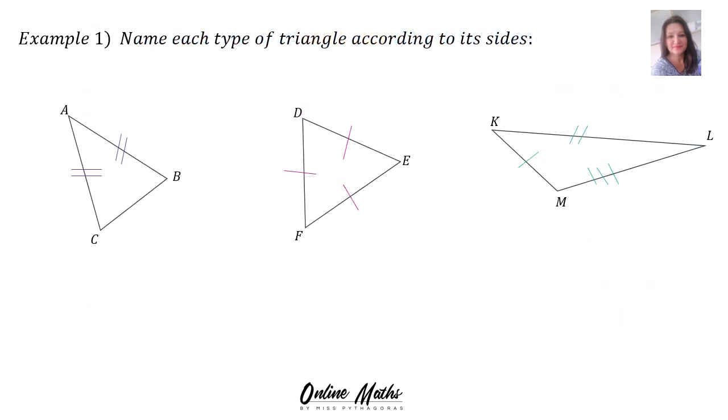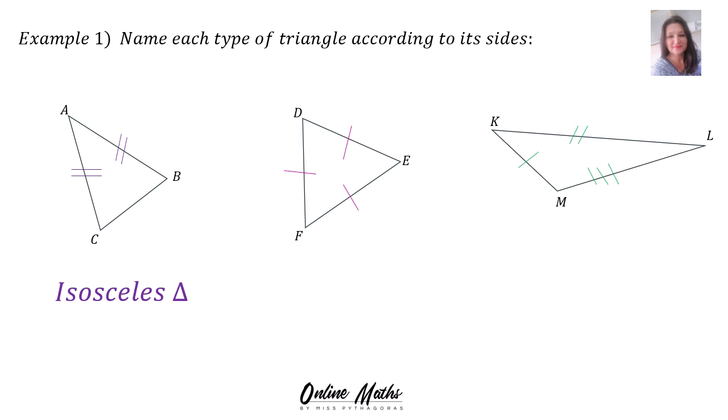Example 1. Name each type of triangle according to its sides. Now when we look at the first triangle ABC, we can see that side AC is equal to side AB. Therefore, two sides are equal, and that forms an isosceles triangle.